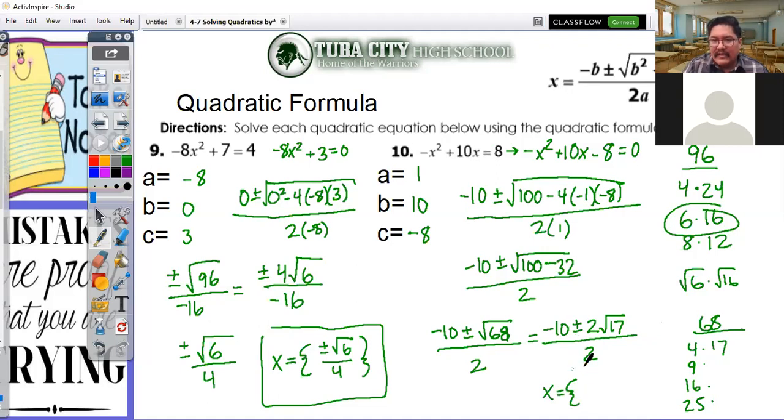Negative 10 divided by 2 is negative 5, plus and minus 2 divided by 2 is 1. And that's going to cancel out the 2 because there's not going to be any more 2 there. So that is it for this one. Again, I just divided both of those coefficients by 2.